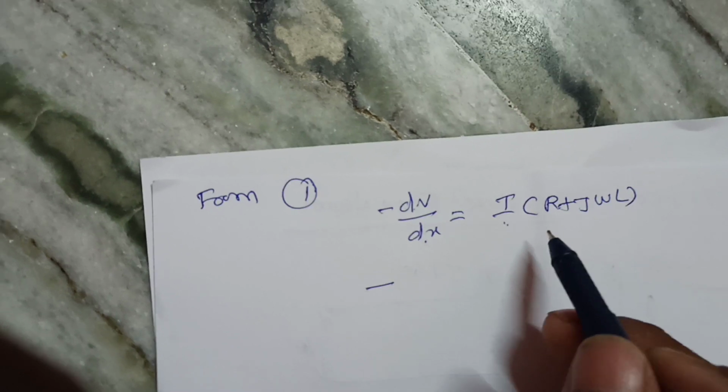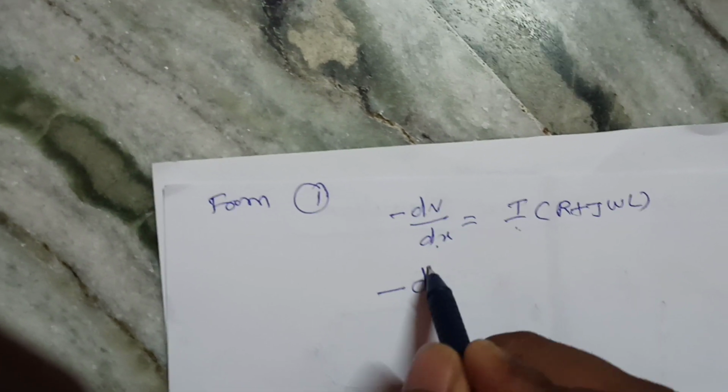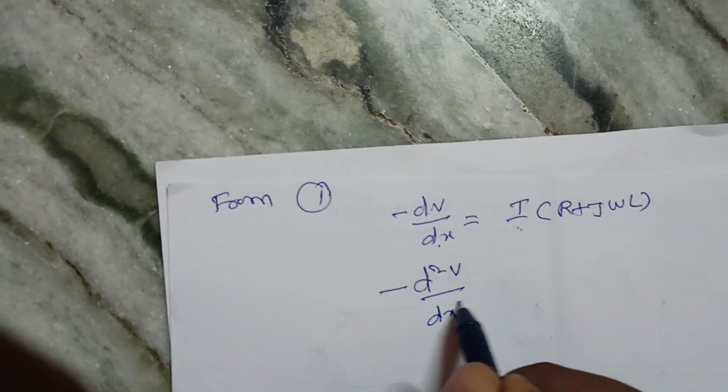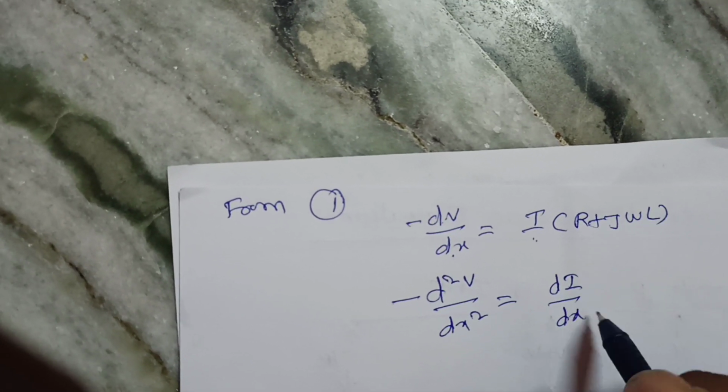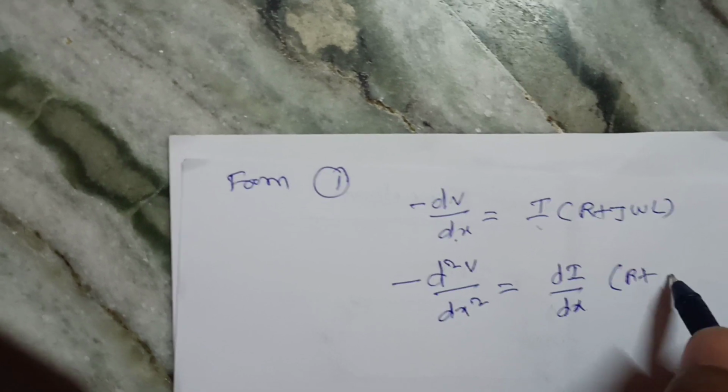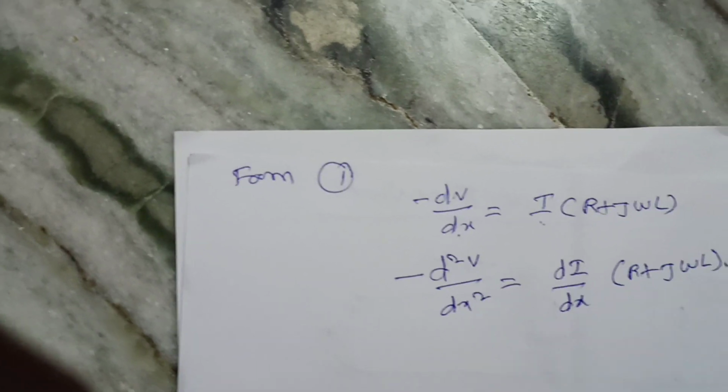Therefore, differentiating this equation with respect to x, d square V by dx square is equal to dI by dx times (R plus j omega L).